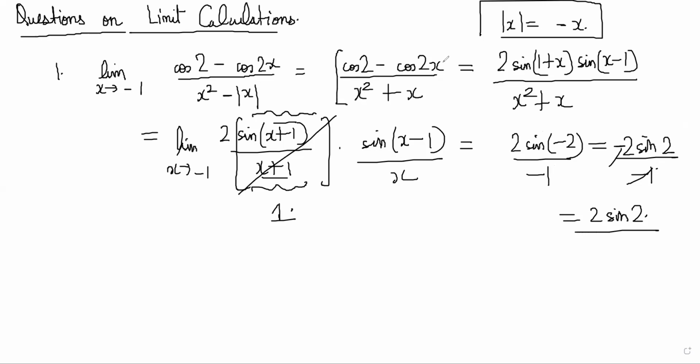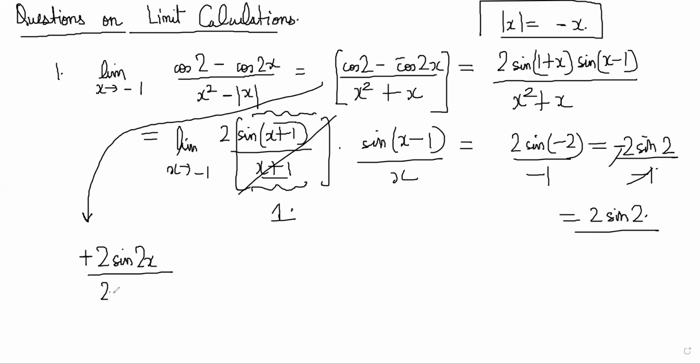You could also have solved by L'Hospital's at this stage. You can immediately apply L'Hospital's and it becomes plus 2 sine 2x by 2x plus 1, which gives you the answer directly.